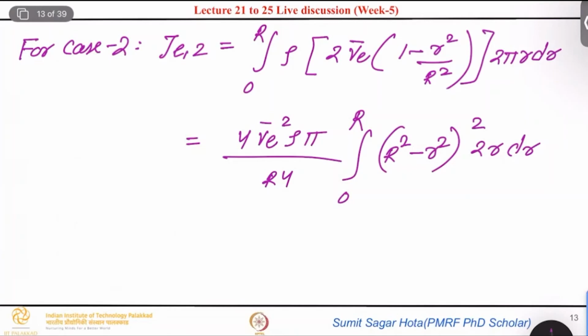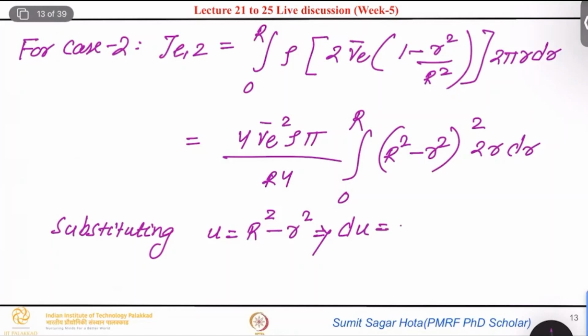Let's do some substitution. du is equal to minus 2r dr. At r equal to 0, u is equal to capital R square.